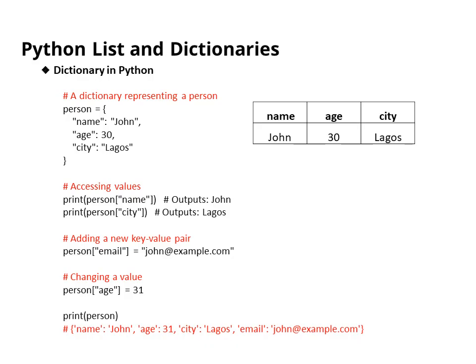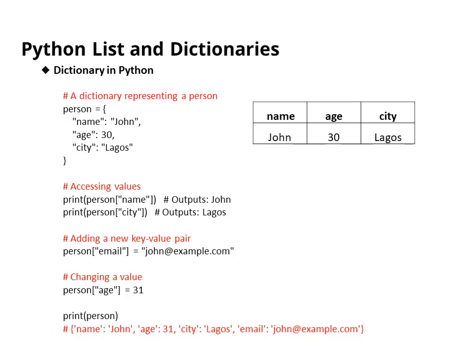So to represent this table in dictionary format, you have your curly bracket, the name, which is the column name, then colon, John, that is, the name is John, then age in quotation, colon, 30. 30 is the number. Then the column name city, colon, Lagos in quotation.